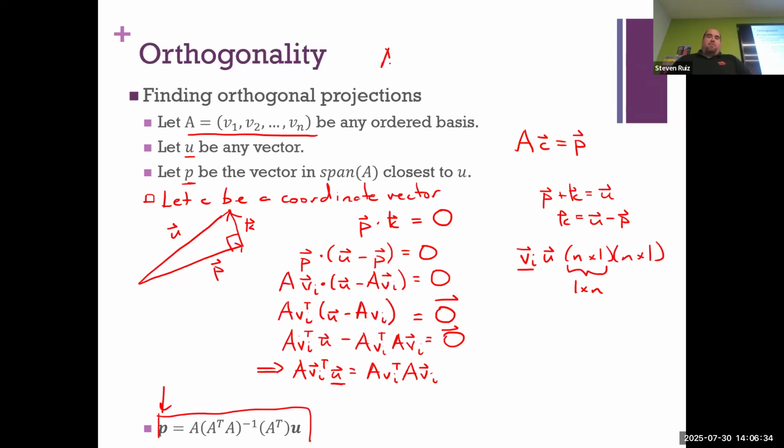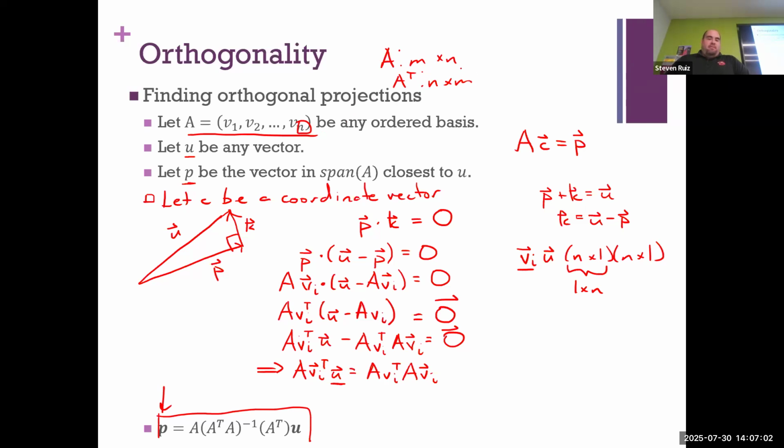What are the dimensions of A? Or what's the order of A? N by M. Is it N by M or N by N? N by N. So I told you it has N columns. I haven't told you how many rows it has, but it might not be the same, so we'll call it something different. If A is M by N, then what's the order of A transpose?